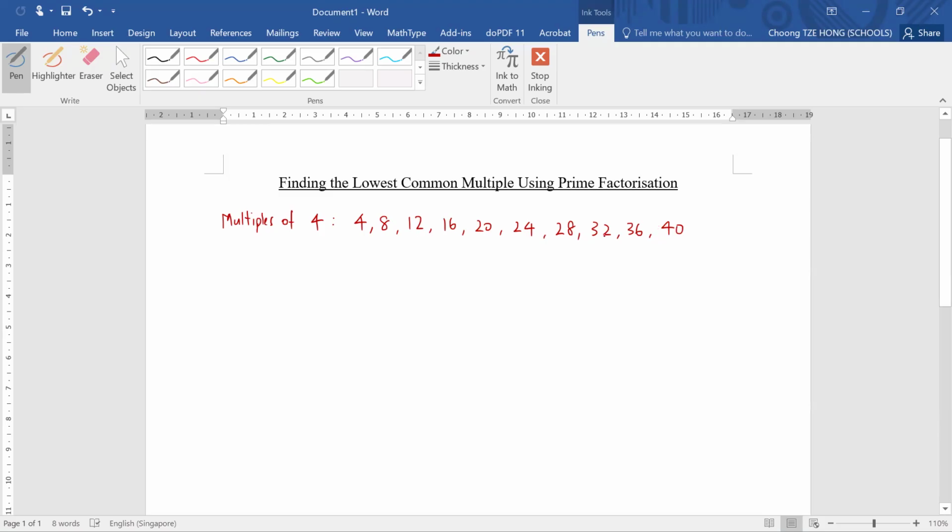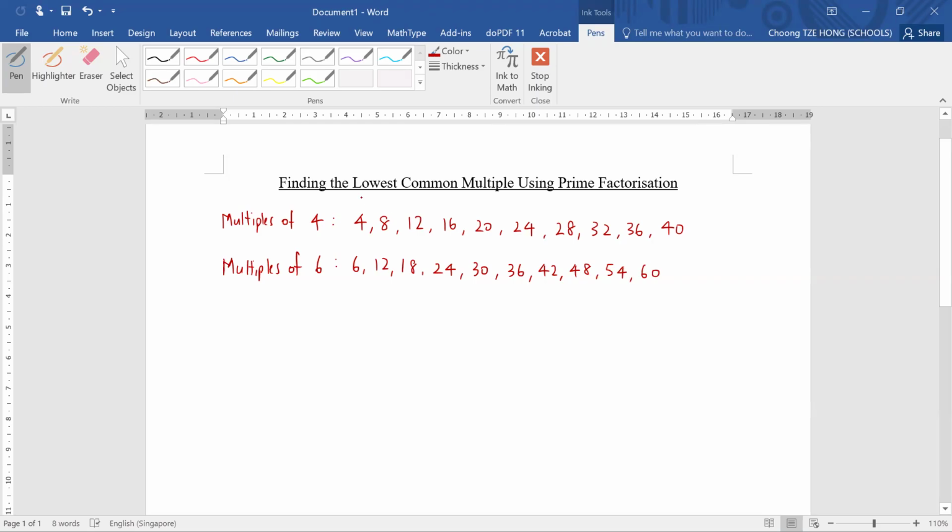I've written down the first 10 multiples of 4. Now let's write down the multiples of 6. We have 6, 12, 18, 24, 30, 36, 42, 48, 54, and 60.